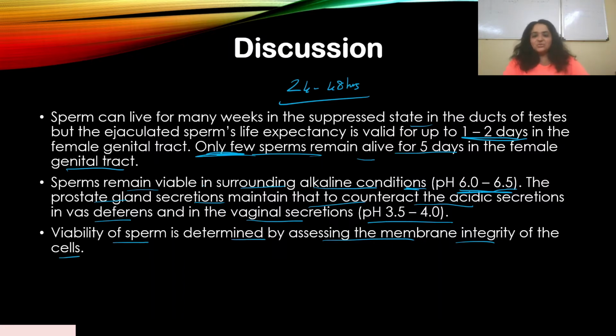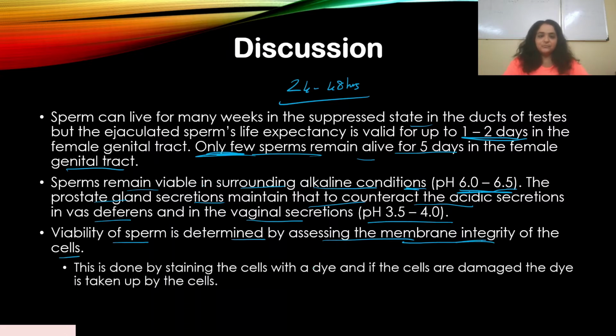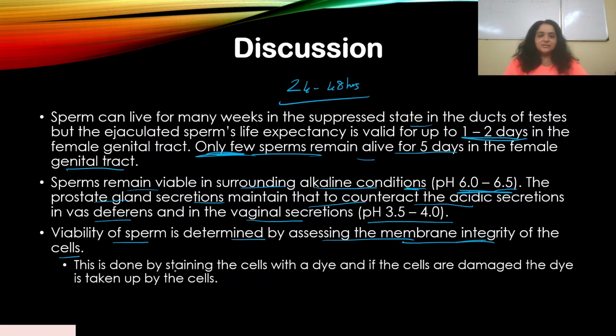So what they do is they assess the membrane integrity. Remember that there's a plasma membrane around the sperm. They check whether that membrane is still intact, still an integral part of the spermatozoon, and has not been disrupted in any way. Now, how do they do that? This is done by staining the cells with a dye.